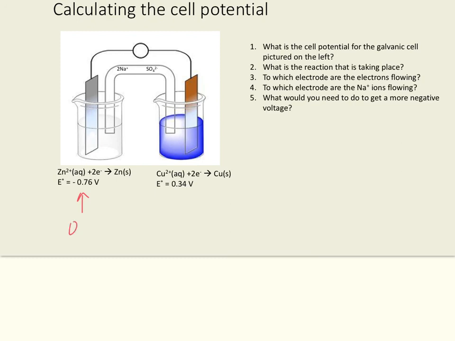So I'm going to flip this one to positive 0.76 and add 0.34 to it. And so that is going to be equal to 1.10 volts. So that is my cell potential. What is the reaction that is taking place? Remember, we flipped this one.